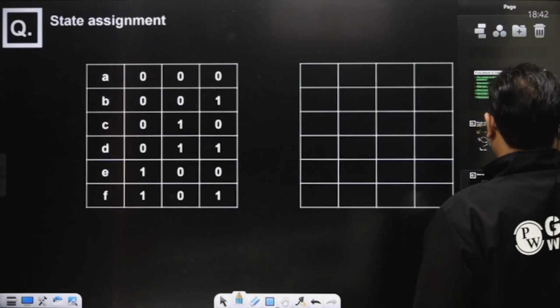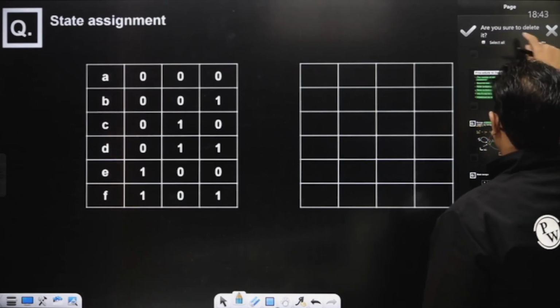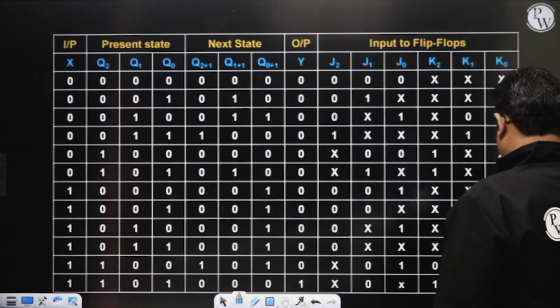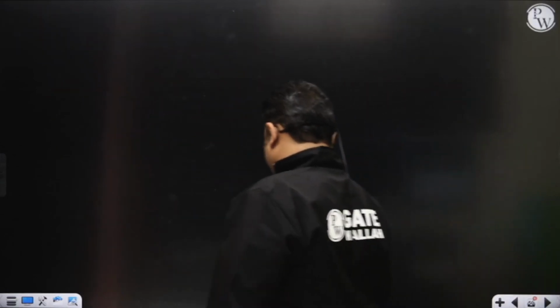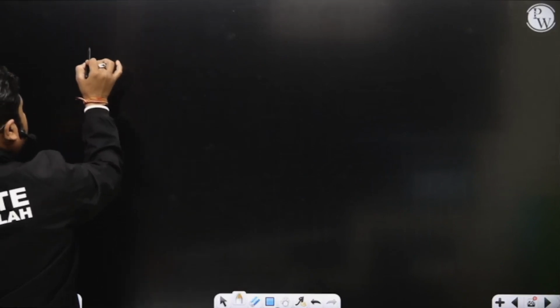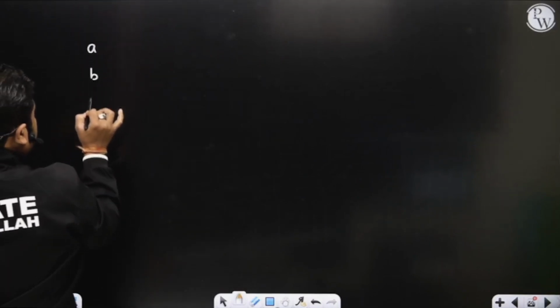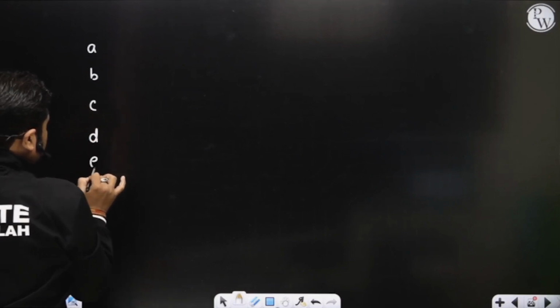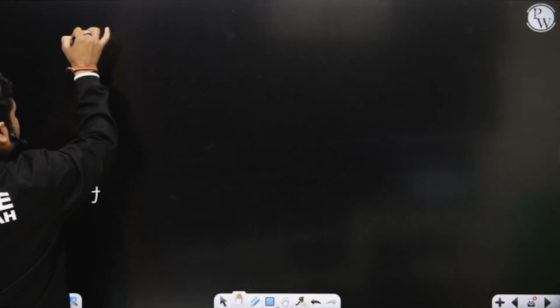State assignment. Next, we have total A, B, C, D, E, F. Total 5 different states.